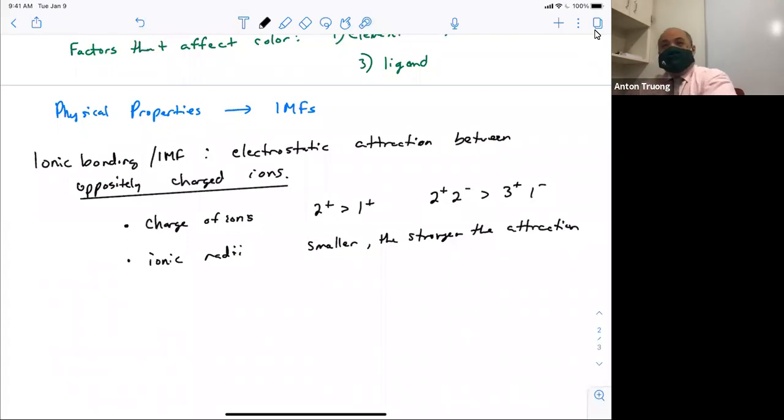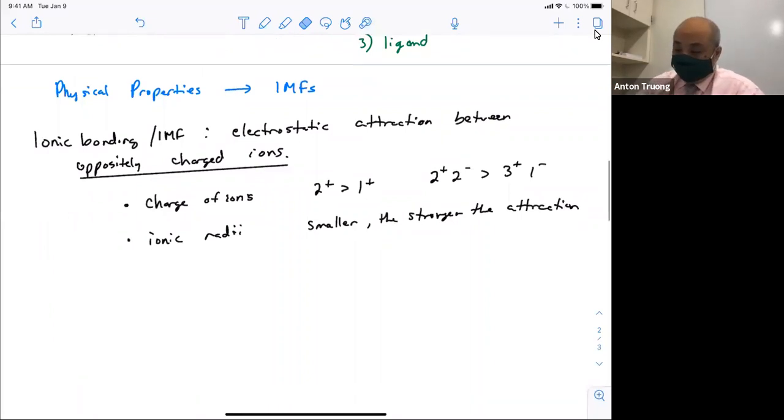And so if they're trying to say, state and explain why magnesium oxide has a higher melting point than sodium chloride, you would mostly address the fact that magnesium and oxygen both have a 2 positive and 2 negative charge respectively, versus a 1 positive and 1 negative charge, meaning that the larger the charge, the greater the ionic attraction, which therefore strengthens the attraction between the ions, which makes it more difficult for it to melt and to break those attractions.